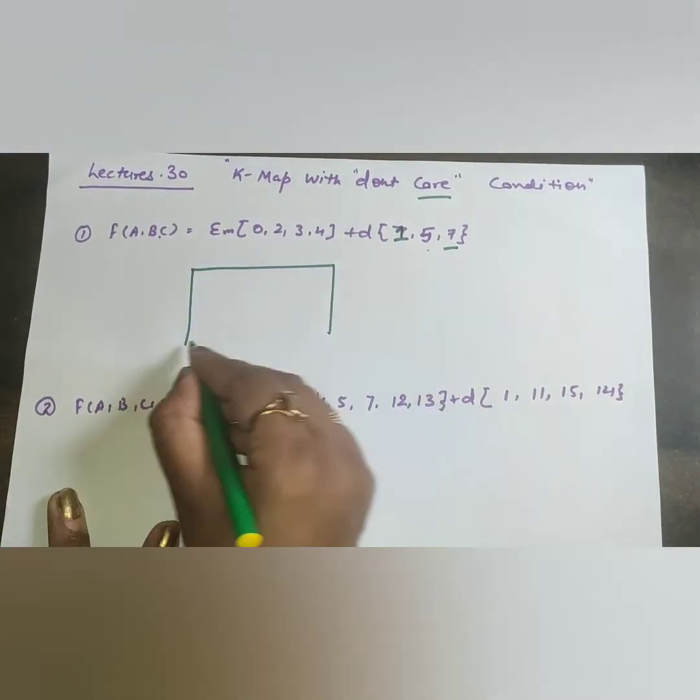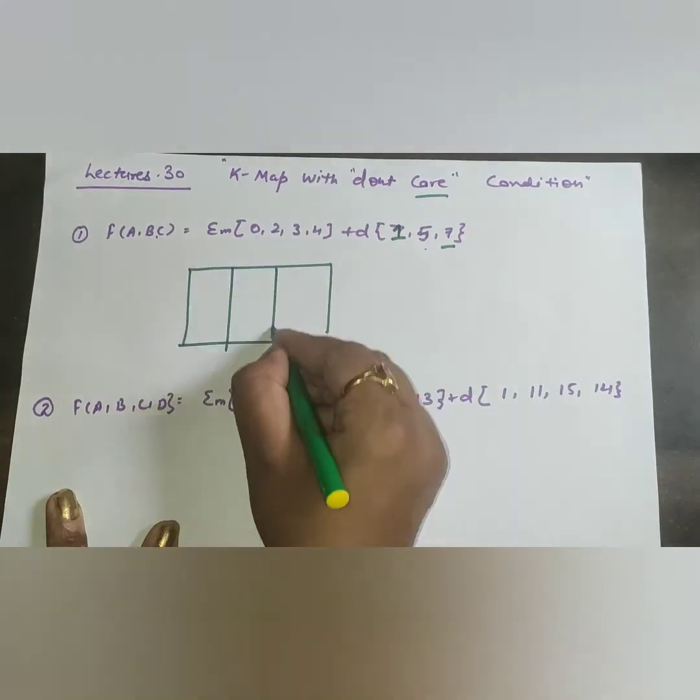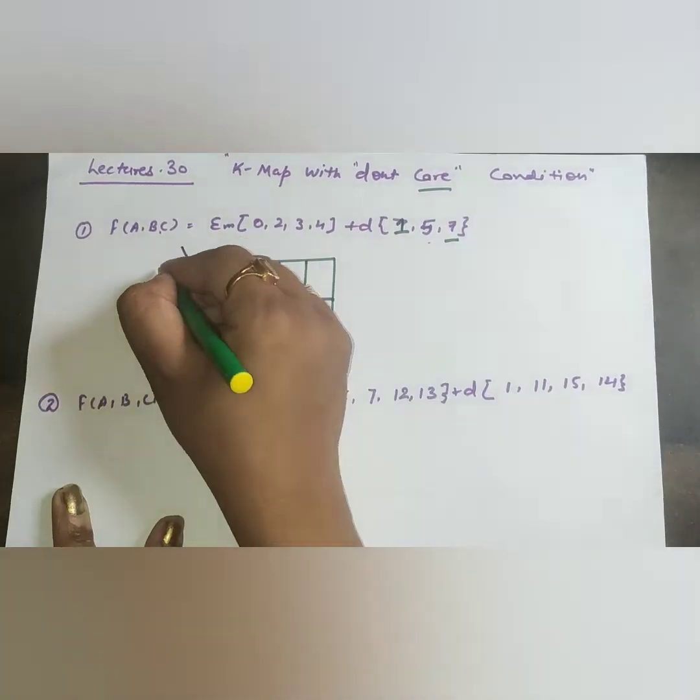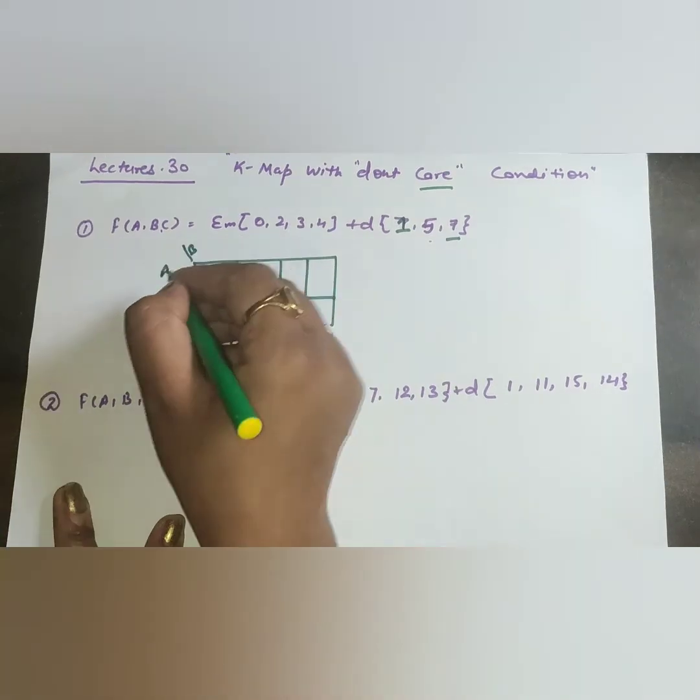So we have a three variable K-MAP like this, with A, B, C and values 0, 1 and 0, 0, 0, 1, 1, 1, 1, 0.